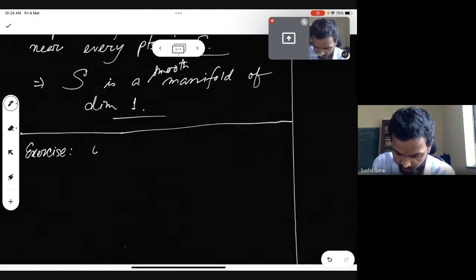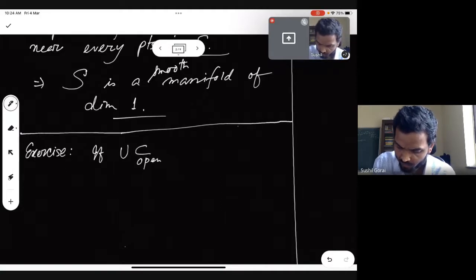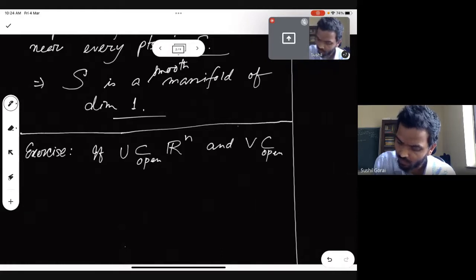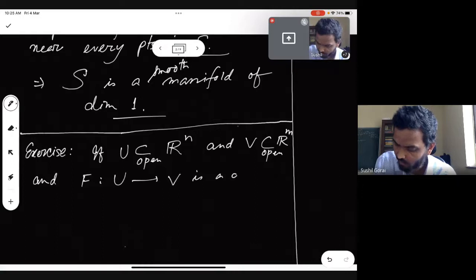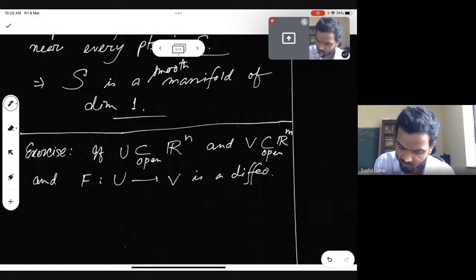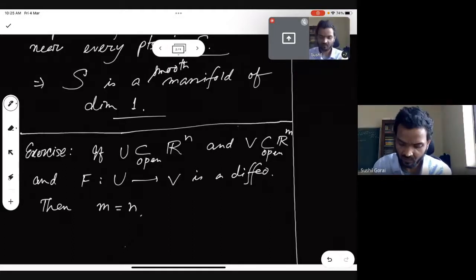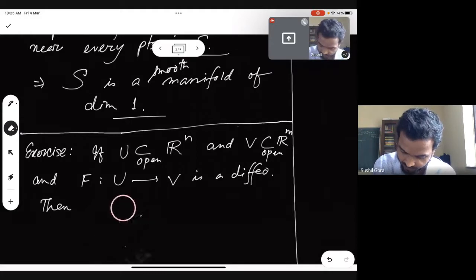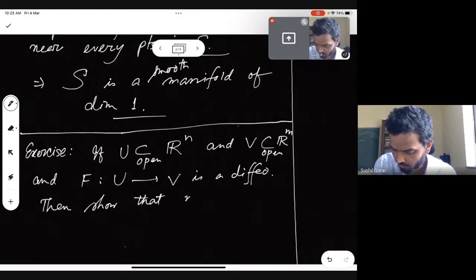Show that if U is open in R^n and V is open in R^m, and F from U to V is a diffeomorphism, then m equals n.